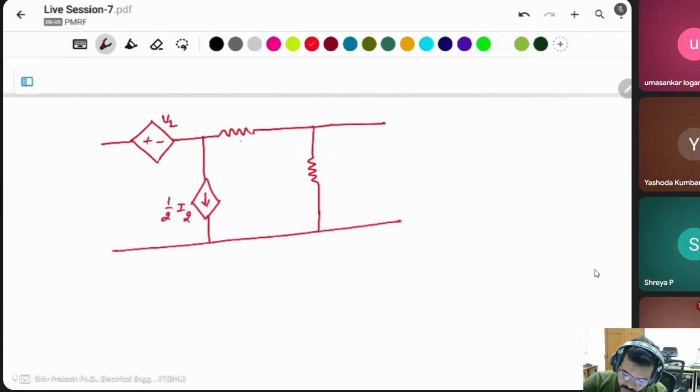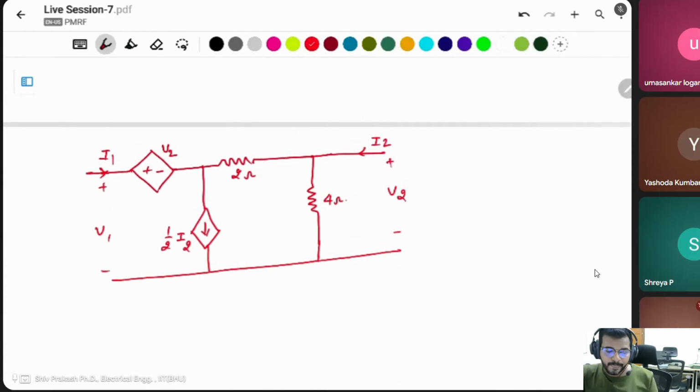This is a 2 ohm. This is a 4 ohm. I2. This is V2, V1, and this current is I1. Okay. You have to find the equation. Two equations, V1 and I2 in terms of I1 and V2.